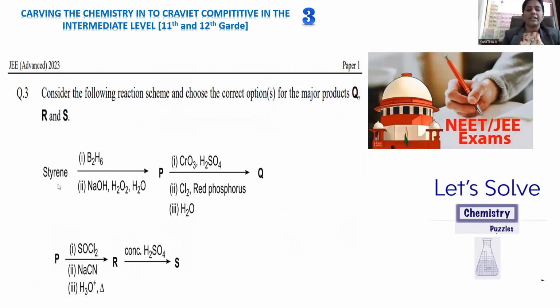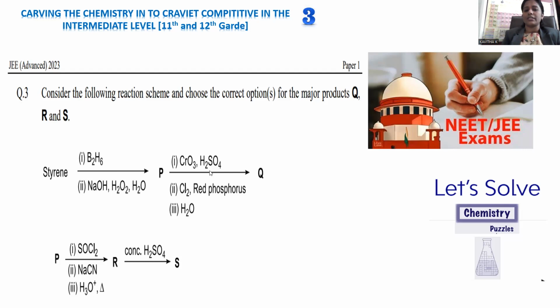Starting material is styrene, treated with B2H6, called diborane, and further treated with alkaline medium, sodium hydroxide. Hydrogen peroxide is provided, and water is the aqueous medium. Whenever all these are treated, styrene is converted into the product called P. This P is treated with chromium trioxide and sulfuric acid.